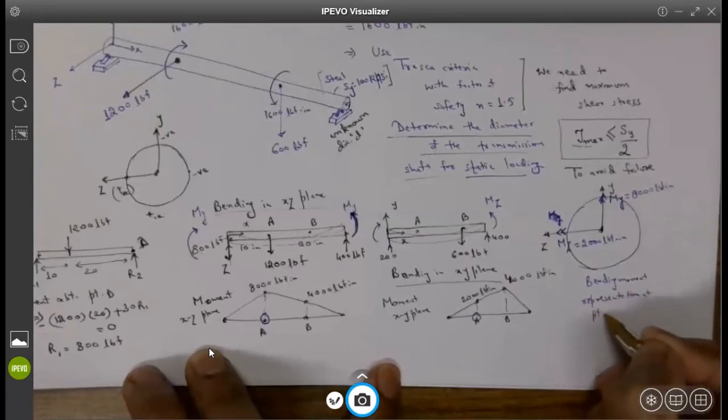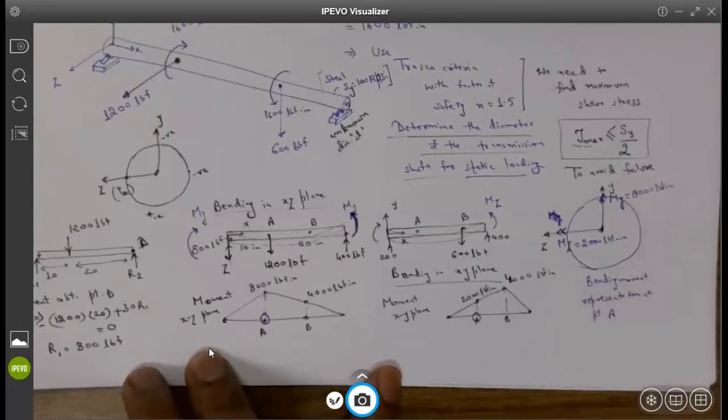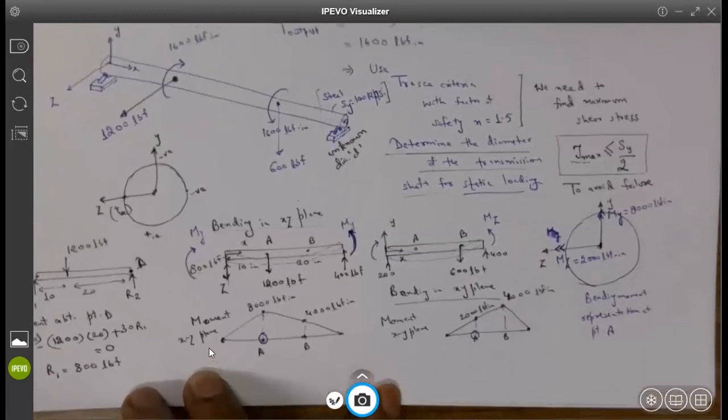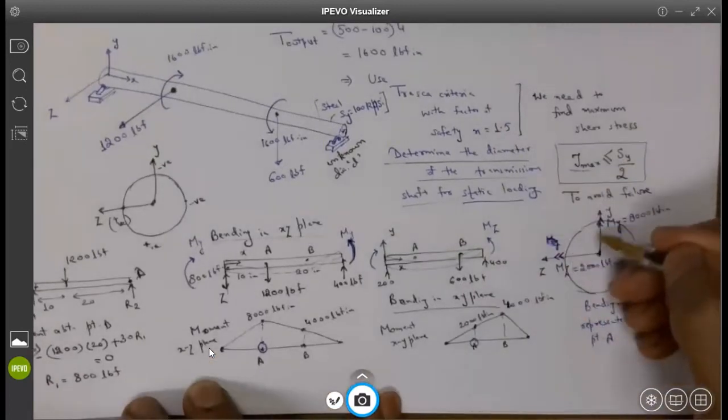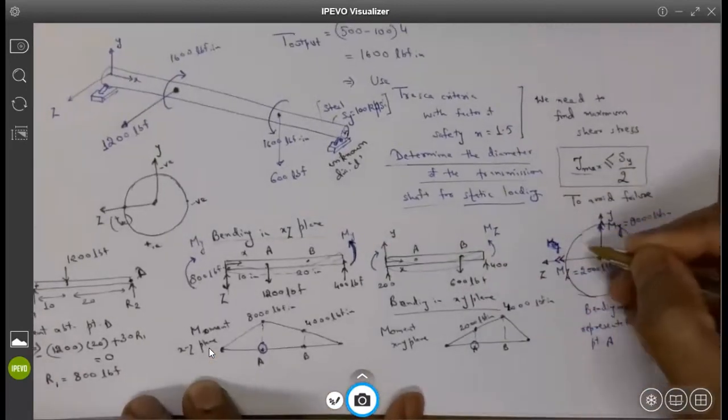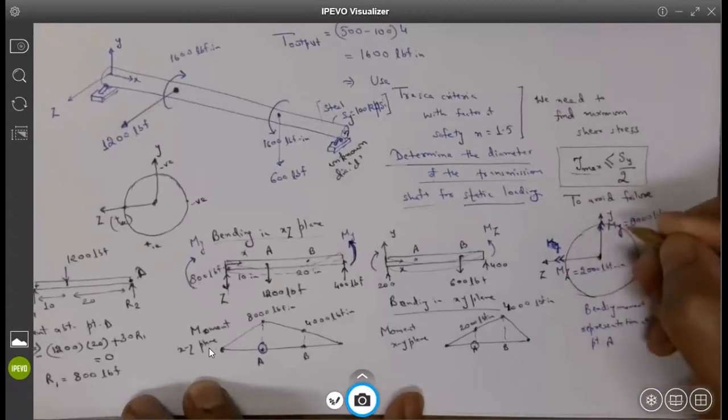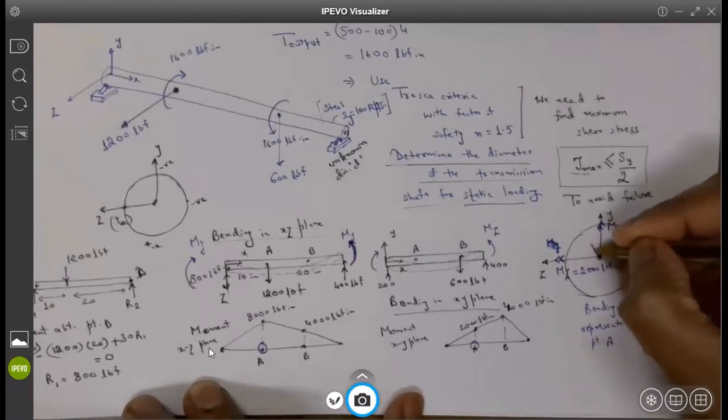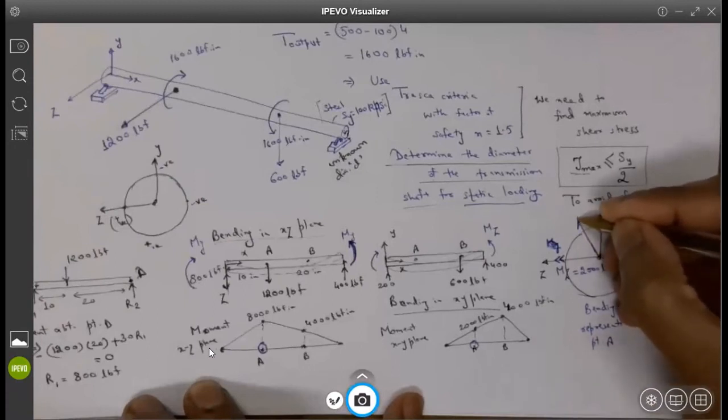Are you getting what I'm trying to say here, guys? Yes. And once you have got this bending moment as vectors, then you can find the resultant of the bending moment, and that will be basically the resultant of 8,000 and 2,000. Can somebody find the resultant of the vector? It will be pointing somewhere over here.